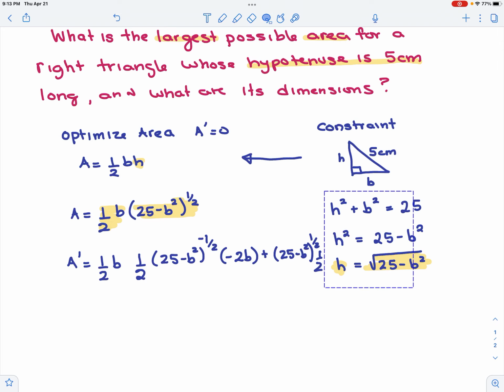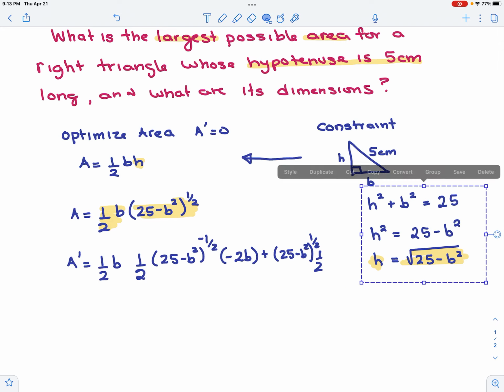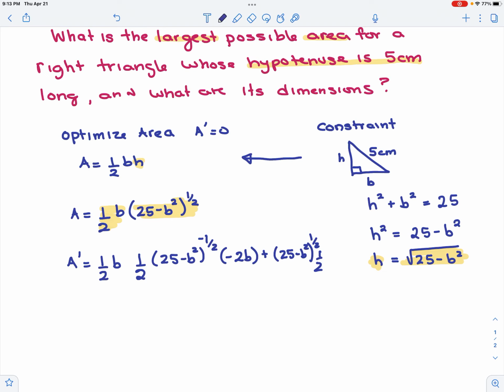Sorry, I'm running out of room here. Just going to move this over. Okay, so again, I did first times derivative of the second, plus second times derivative of the first.